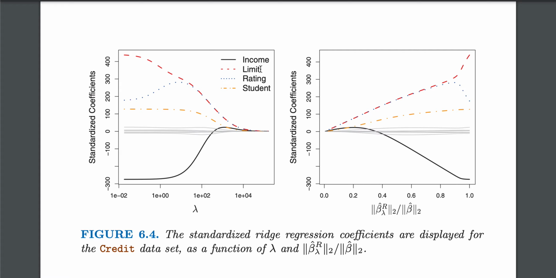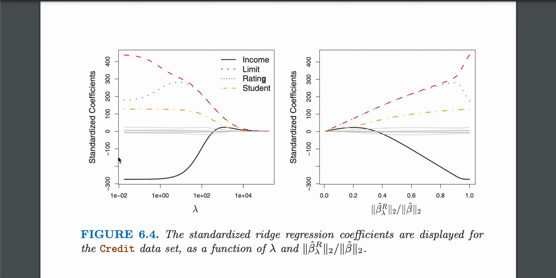So the estimated coefficients for each of them will depend on the scaling, and in order to have a way to compare these different coefficients, we divide the coefficient for income by the standard deviation of the income, and the coefficient for limit by the standard deviation of limit. So these are the standardized coefficients, and they're unitless.